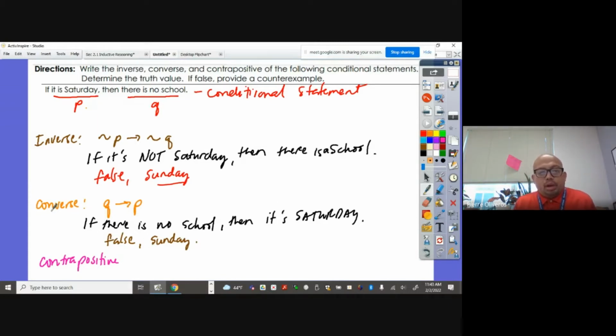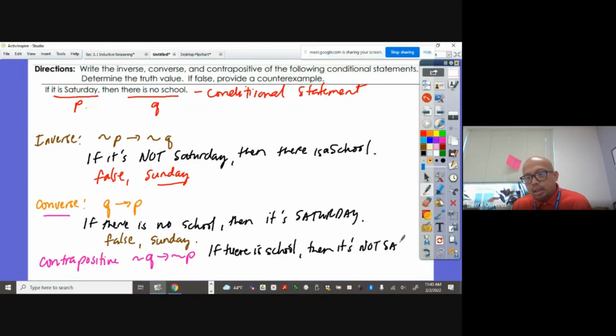So not Q implies not P. My statement will be: if there's a school, then it is not Saturday.